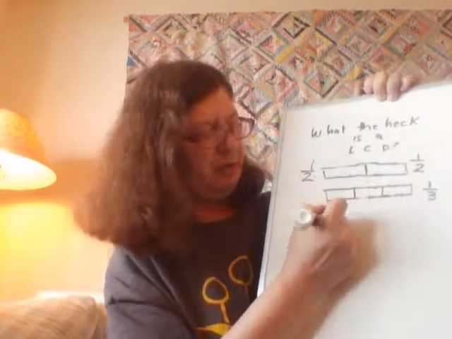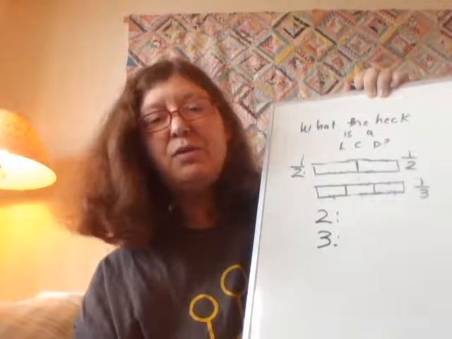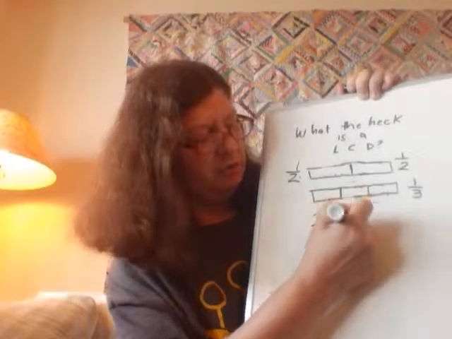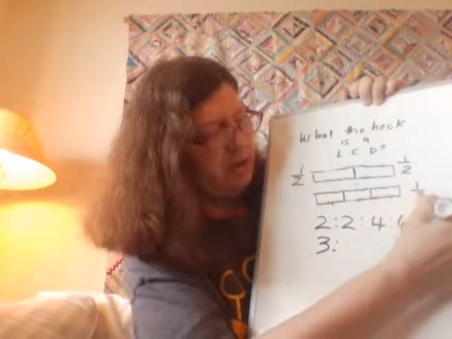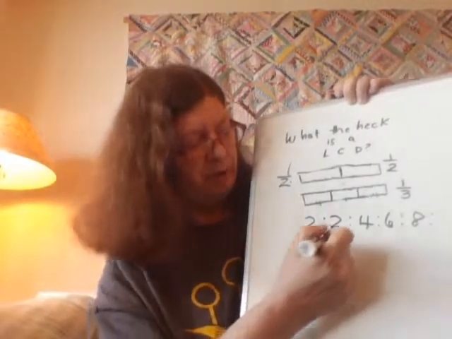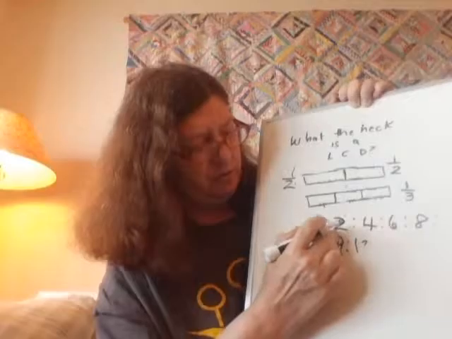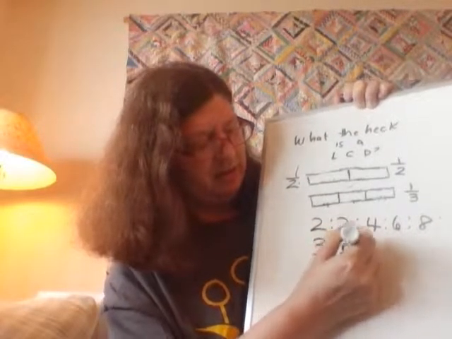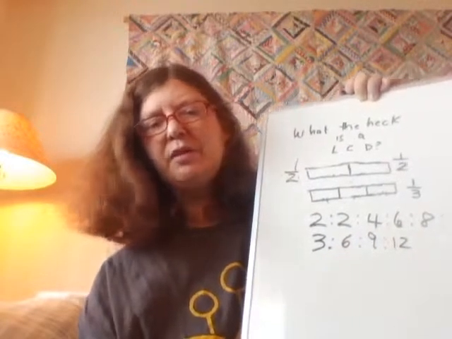We know it's going to be 2 times something and 3 times something, and it's got to be the same number. So we say 2, 4, 6, 8, etc. And for 3: 3, 6, 9, 12.